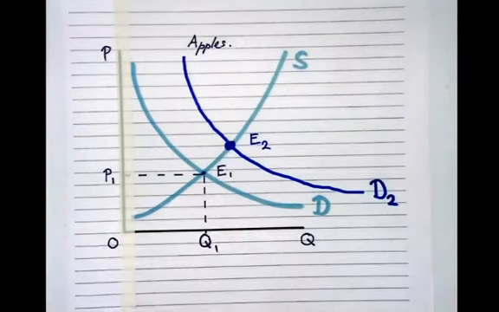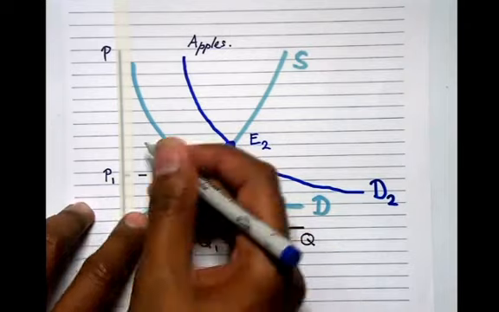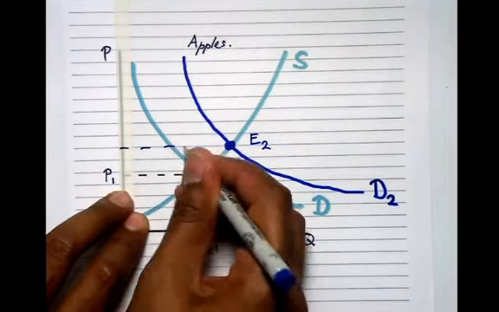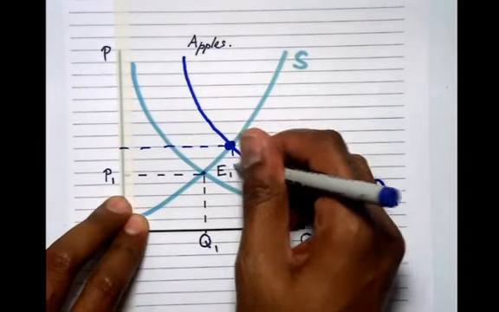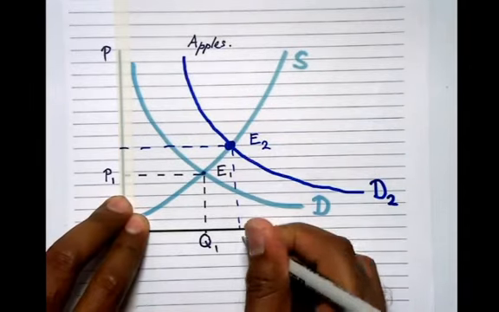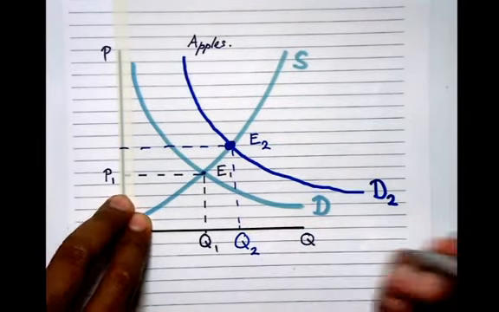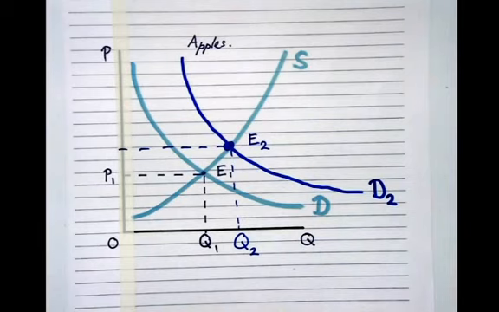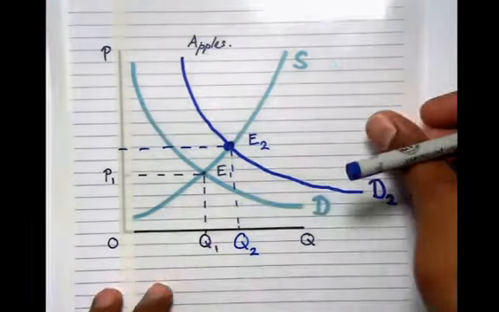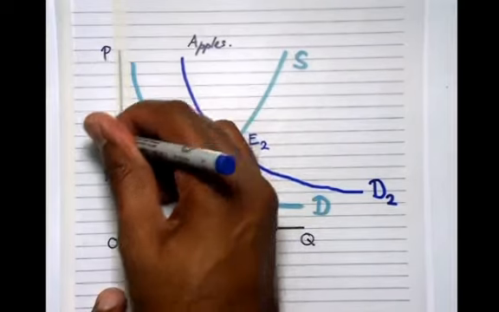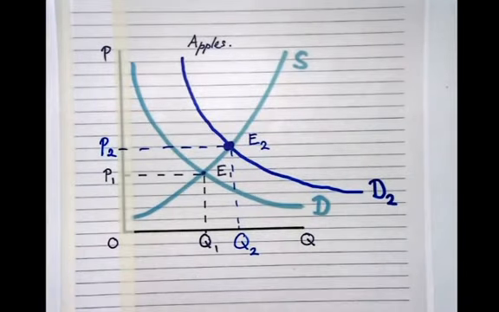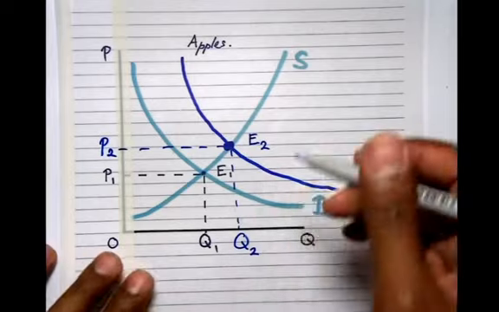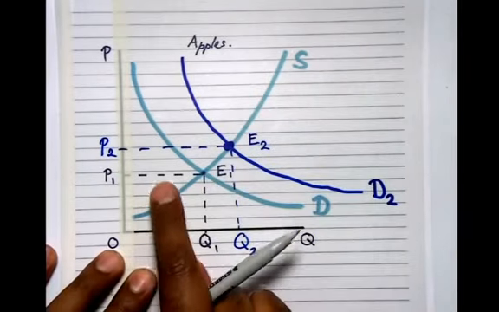And then you look at what is the new equilibrium price and what is the new equilibrium quantity. So what has happened to the price in this example?